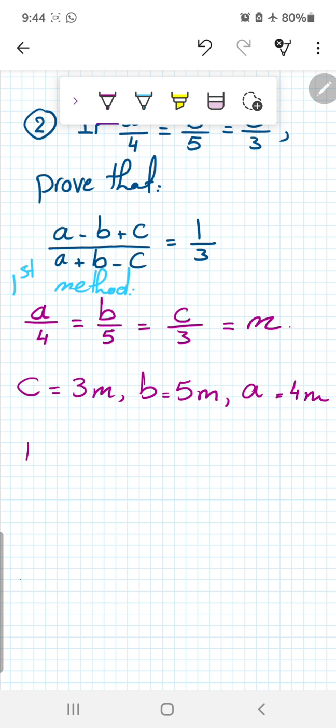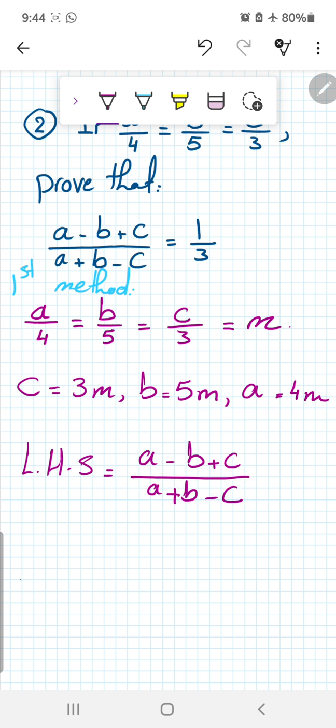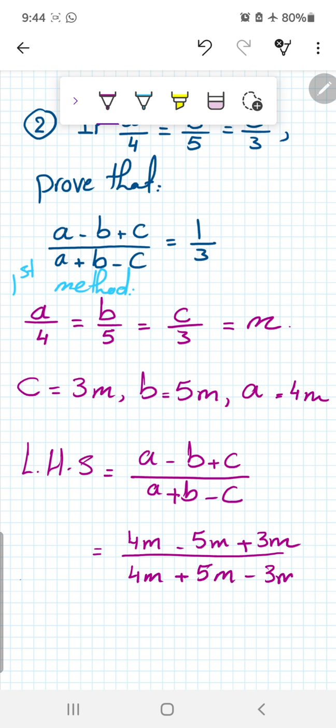So first get the left hand side, which is A minus B plus C over A plus B minus C. Okay, by substitution here we have A equals 4m minus B, which is 5m, plus C, 3m, over 4m plus 5m minus 3m.